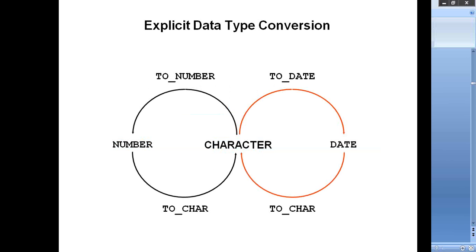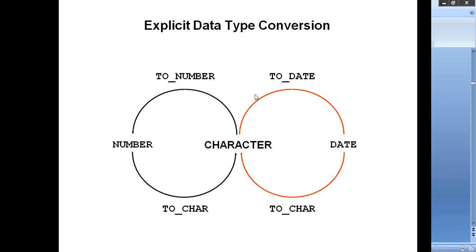When it comes to explicit conversion, apart from implicit conversion, Oracle also gives you the facility to explicitly convert things. We have totally 3 functions: ToNumber, ToDate, and ToChar. As you can see in the diagram, if you want to convert a number to a character, you would be using ToChar, like here. And when you want to convert a character to a number, you would be using ToNumber.